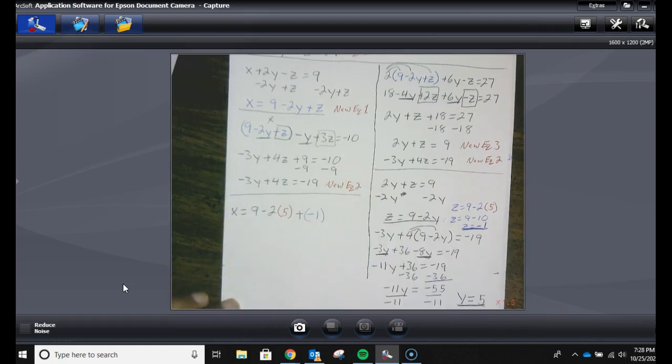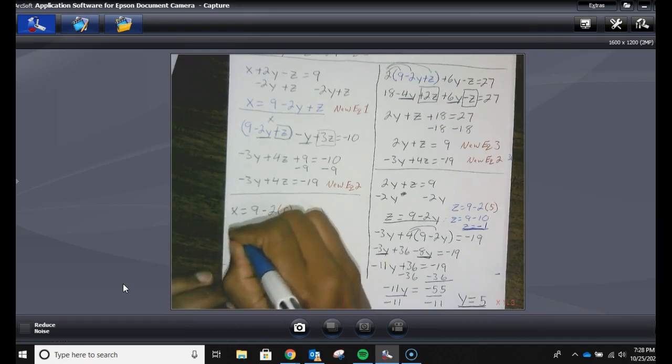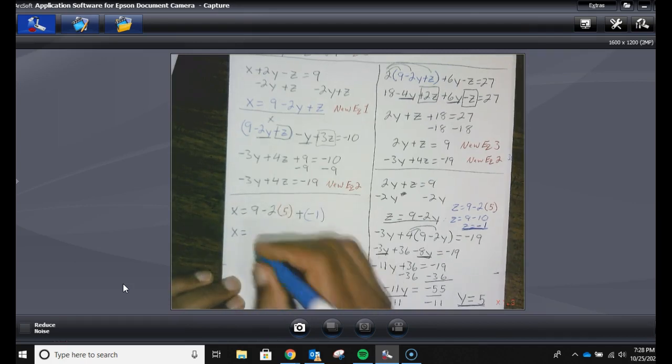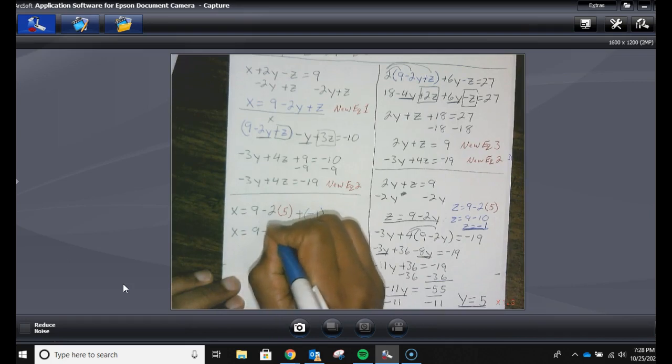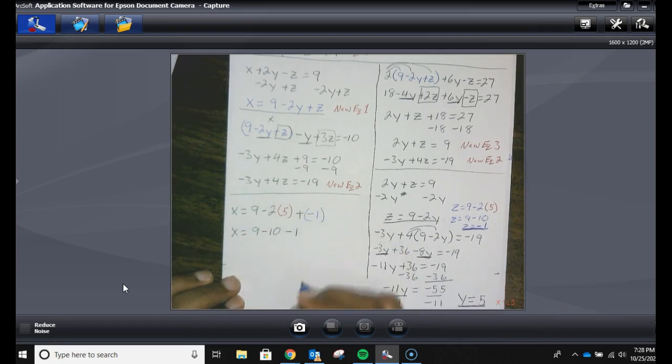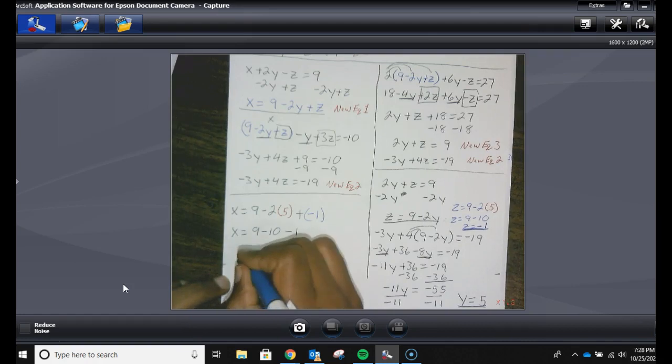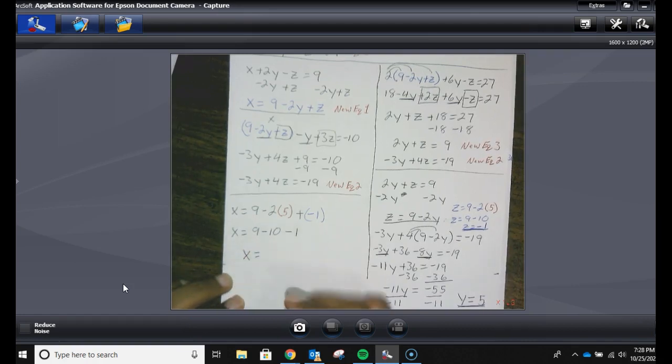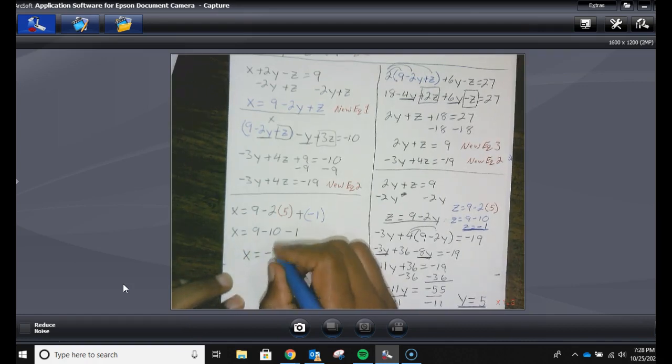And I'll work this out. So I end up with x equal to 9 minus 10 minus 1, which tells me that x is equal to -2.